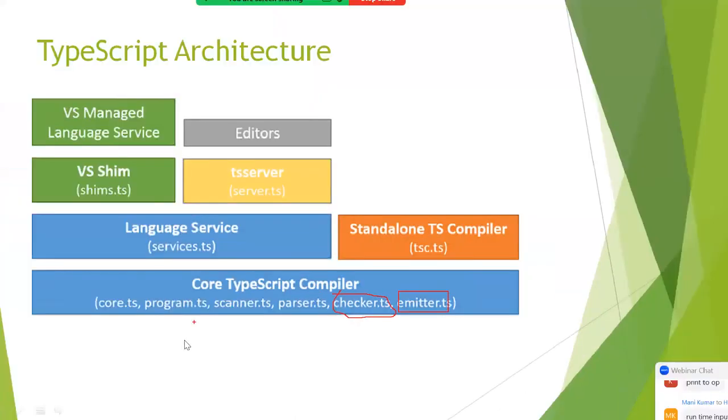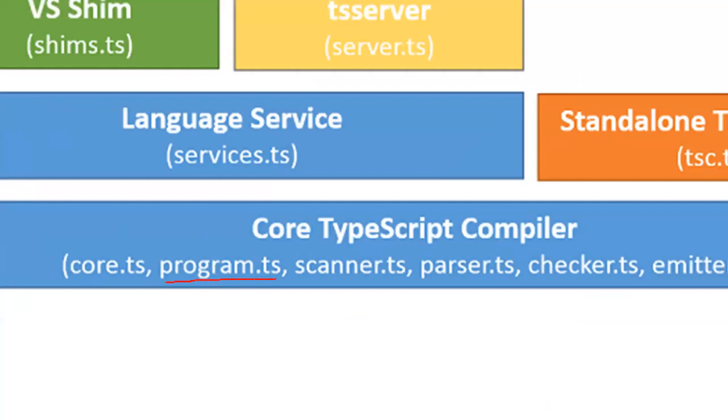And you see there is program.ts. It is responsible for checking the syntax and the blocks. That means where the program starts, where the program ends. Is the syntax correctly configured or not? All this is verified by whom? Program. That means the program structure is verified by program.ts.